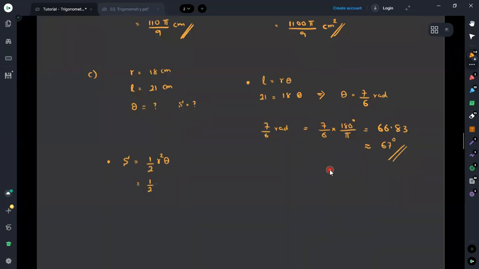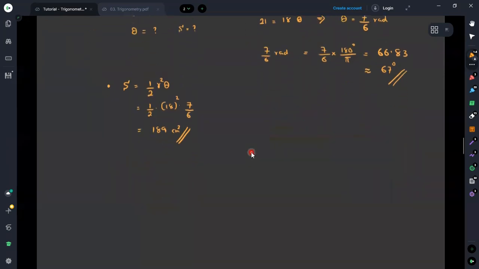Once you do the substitution, half times 18 squared is used, and instead of theta we can directly use the value 7 over 6, because we have identified that value in radian measure. Once we perform the calculation, we get S equal to 189. Since the lengths are measured in centimeters, it is 189 square centimeters.